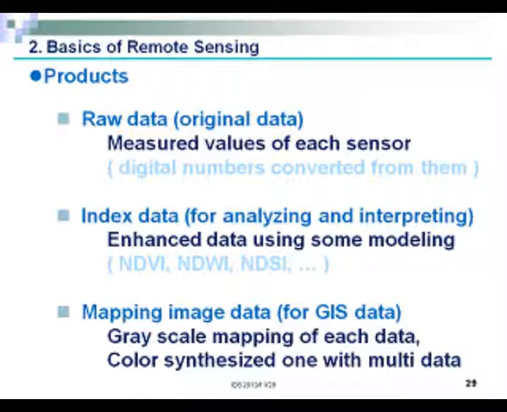SPOT, Landsat, and MOS-1 are the most major satellites, and these sensors are very important for satellite remote sensing. Next is the products of remote sensing.